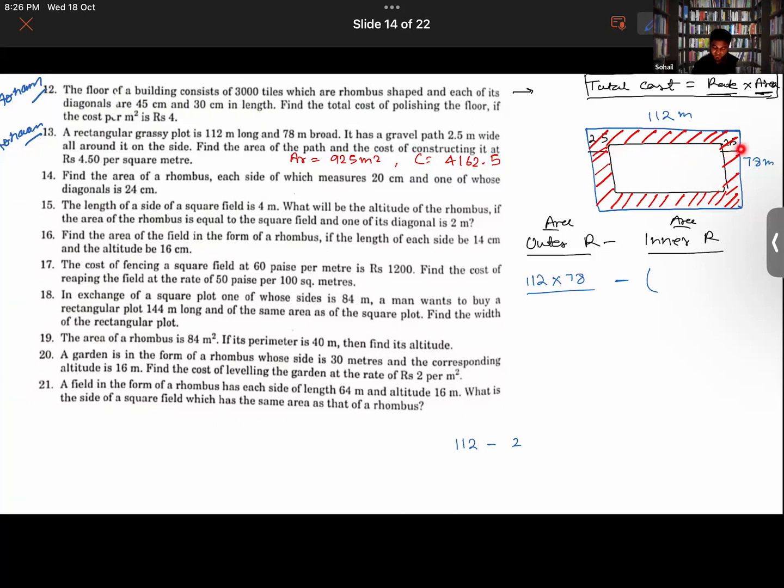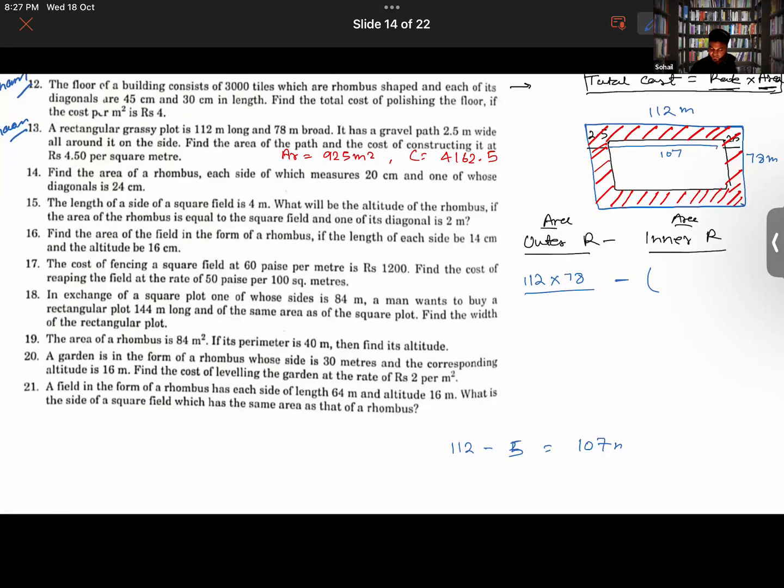So 112 minus 5 directly, that is 107. The breadth will be 78 minus 5, that is 73 meter. So it is simply 107 multiplied by 73, and the calculation will give you the area of the gravel path.